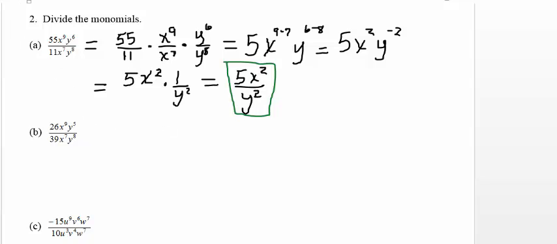All right, so let's try this for the next problem. We're going to do the same thing. We're going to write a quotient for the coefficients, and multiply that by a quotient for each of the like bases.